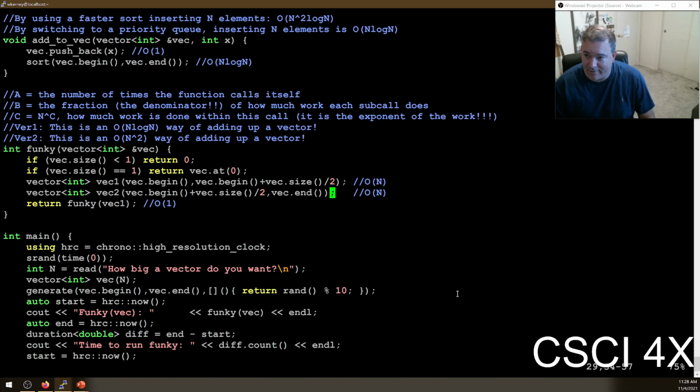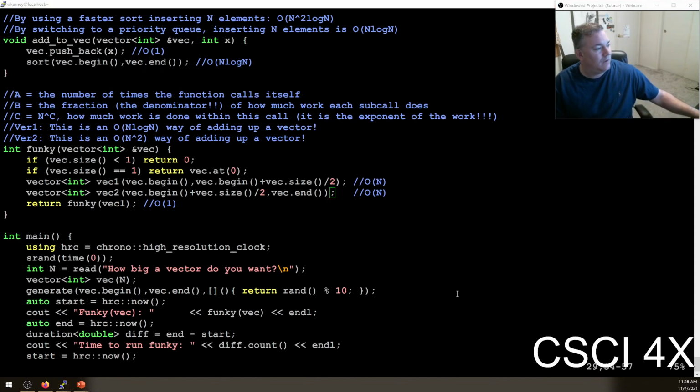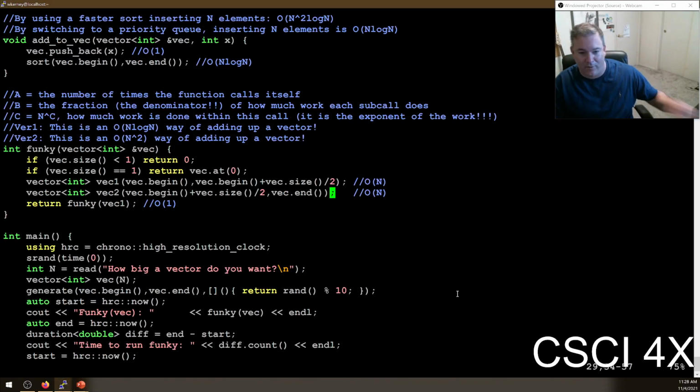Order log n. That is correct. This is now an order log n algorithm. Very good. And so something that would be order log n would be like a binary search.